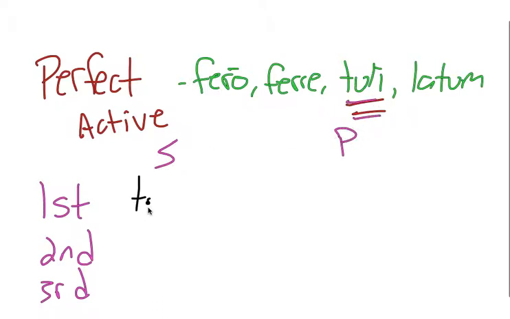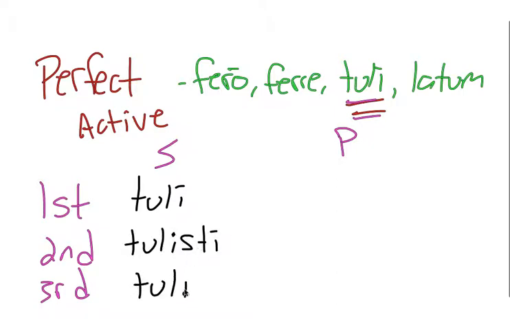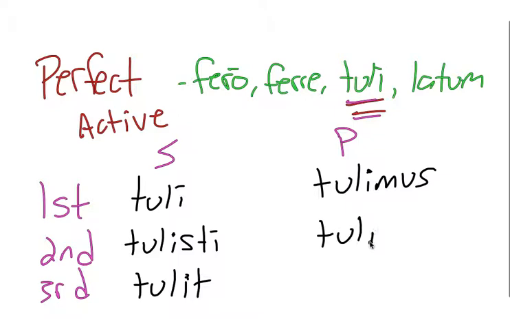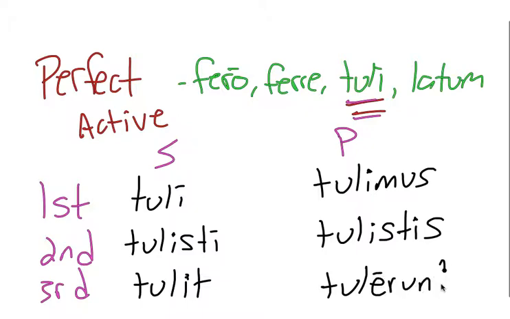So it's going to be tuli, tulisti, tulit, and then tulimus, tulistis, and tulerunt. And if you're translating just like you would any perfect tense verb, tuli would be I have carried, or I have brought.